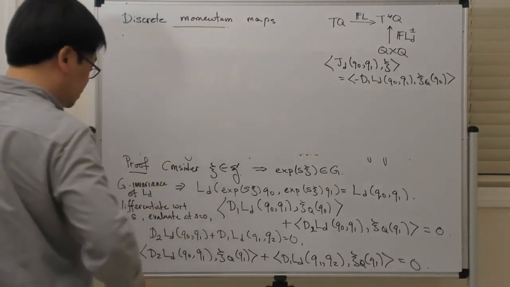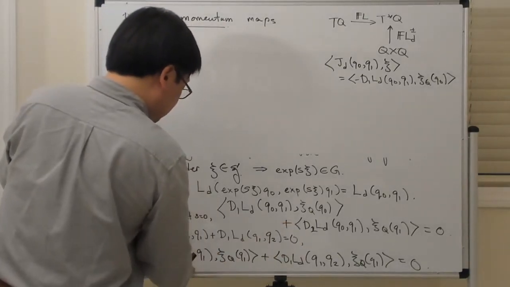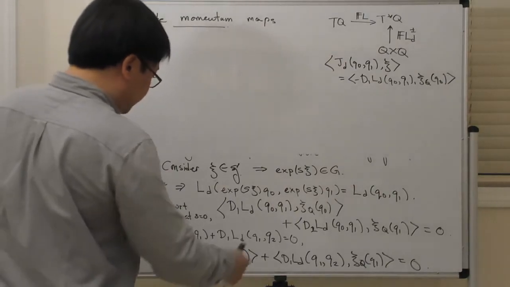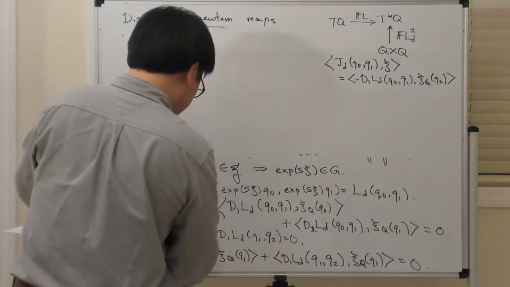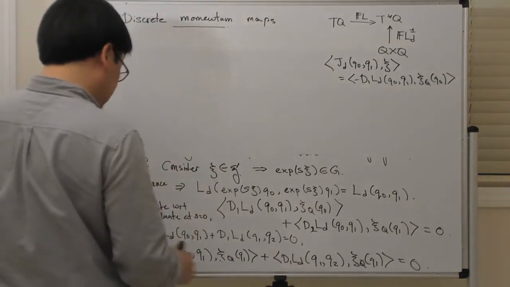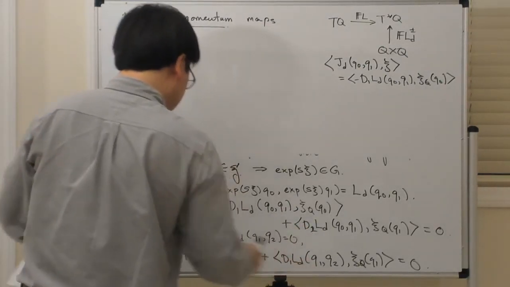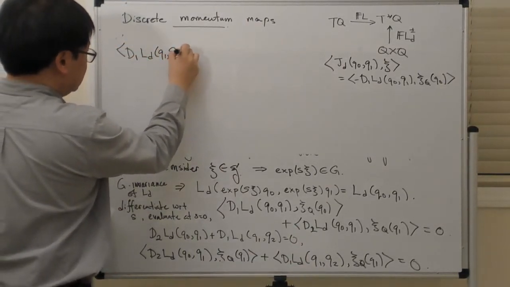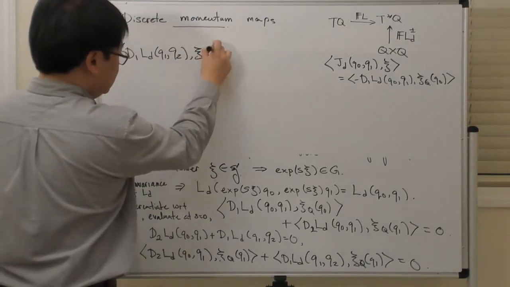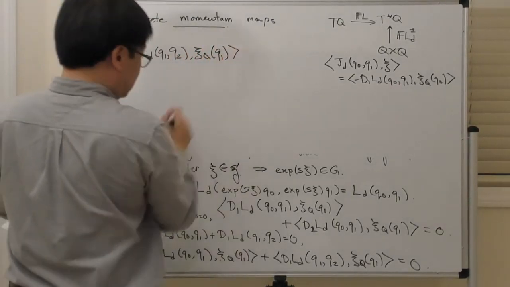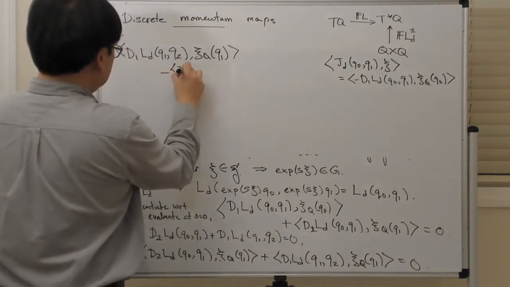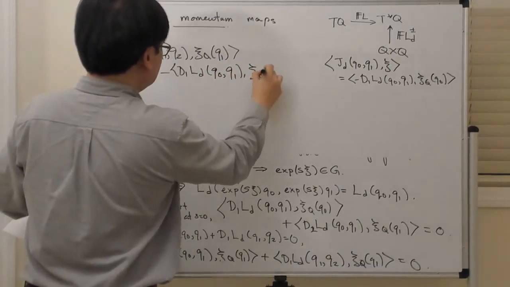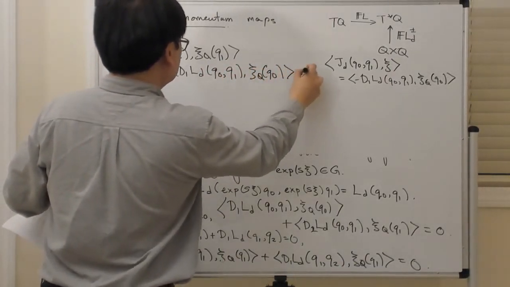Okay, so let me subtract this from this. So these terms cancel. It doesn't really matter which I subtract from. Okay, let's take this and subtract this, right? So these two terms cancel. I'm left with d1 LD(q1, q2) paired with ξ_Q(q1), minus d1 LD(q0, q1) paired with ξ_Q(q0), is equal to 0.